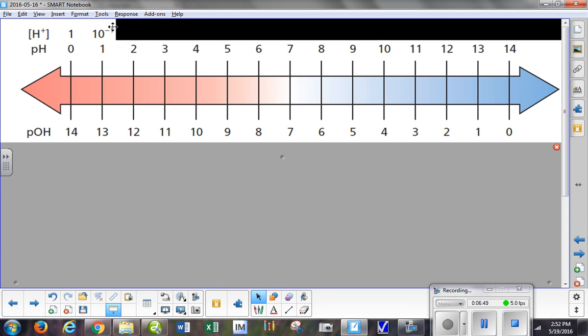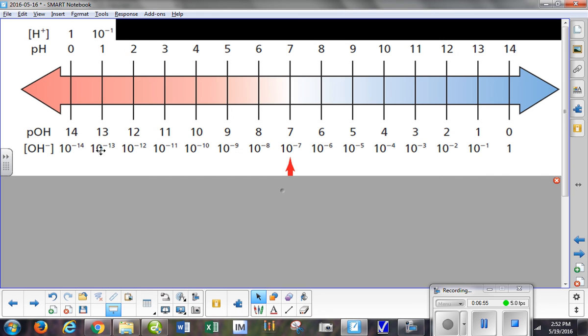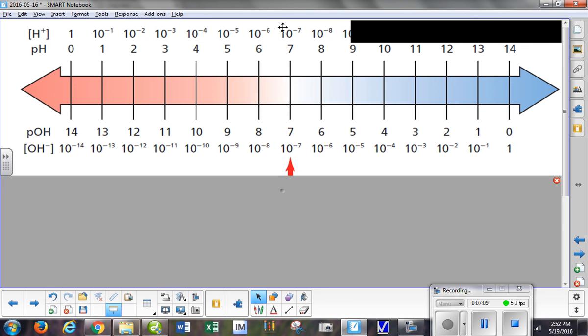And that exponent becomes the pH if we're on this line, or when we're on this line, what's that relationship? This times this is 10 to the minus 14. 10 to the minus 7 times 10 to the minus 7, 10 to the minus 14. 10 to the minus 5 times 10 to the minus 9, 10 to the minus 14.